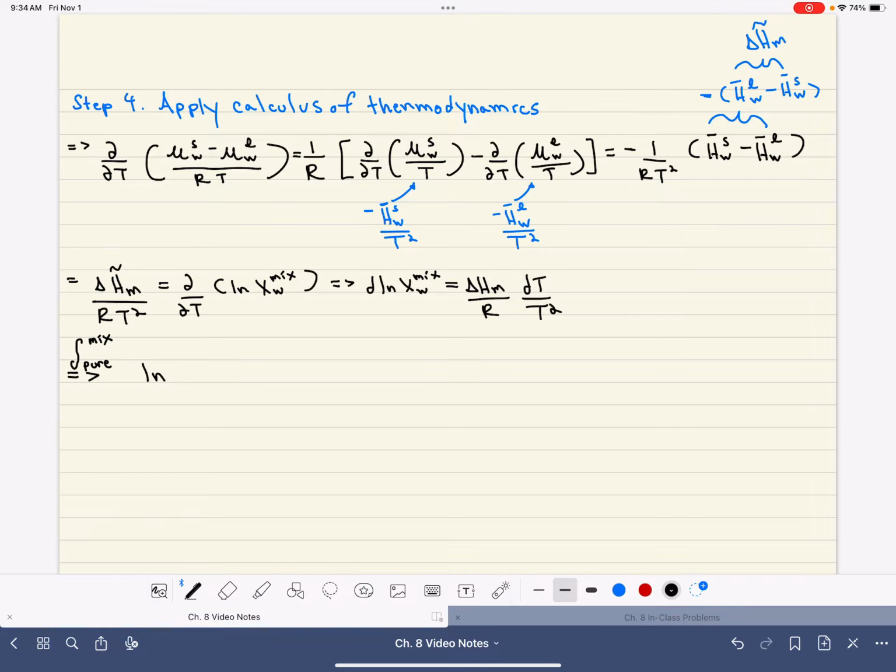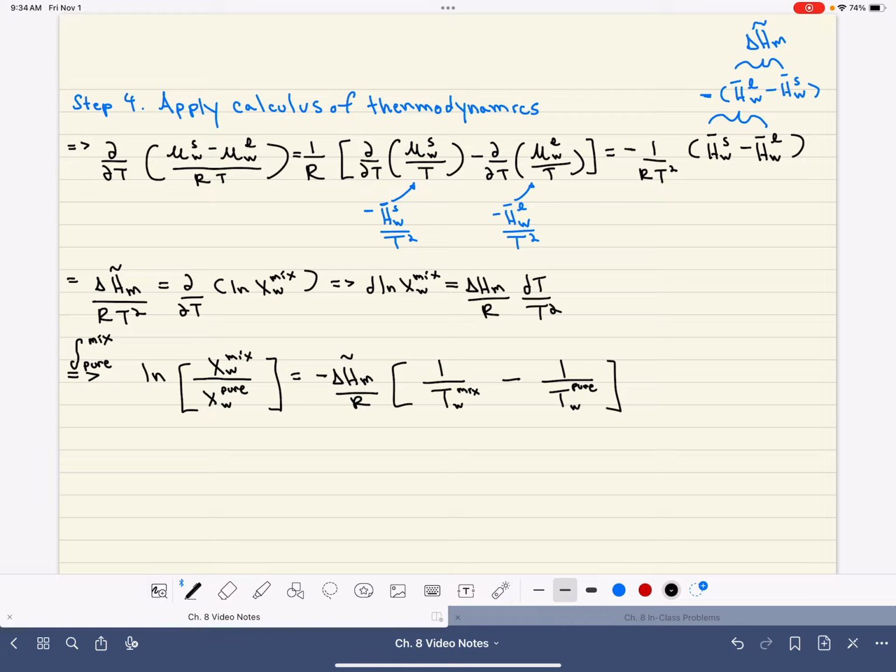So if I integrate this, I have the ln of pure water on the bottom, right? And on top I have ln of the water in the mixture. Similarly, on the right-hand side, when we integrate, we're going to get negative H_m over R times 1 over T mix minus 1 over T water pure.